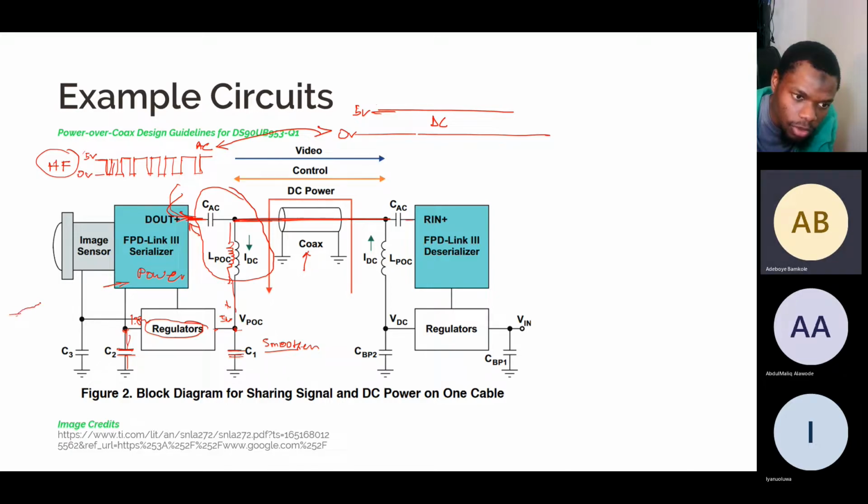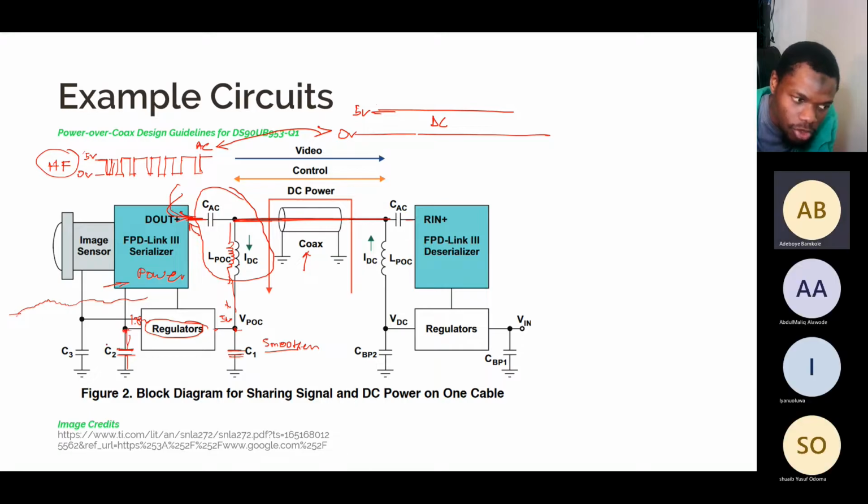And if the image sensor is not taking images, the current consumption will go down, so it keeps going up and down. That can affect the voltage level at this point. But when you have these capacitors, they can help you keep things stable. So that's one of the applications of using capacitors.